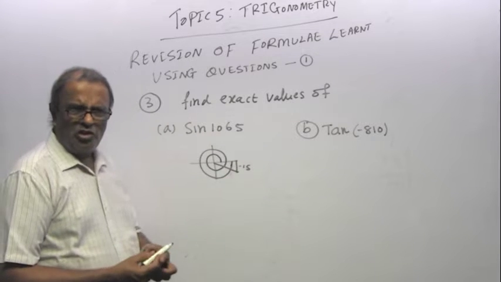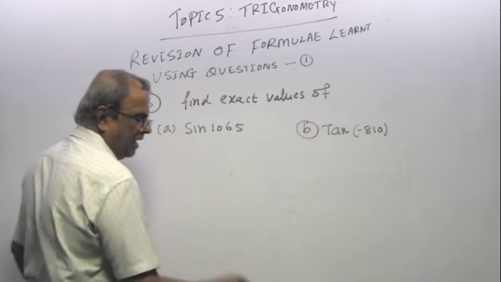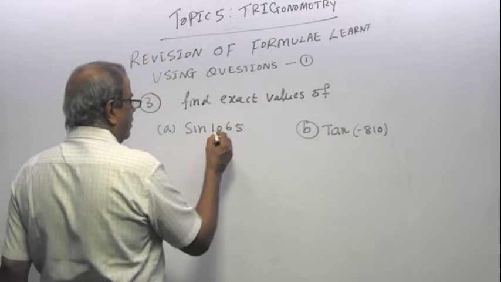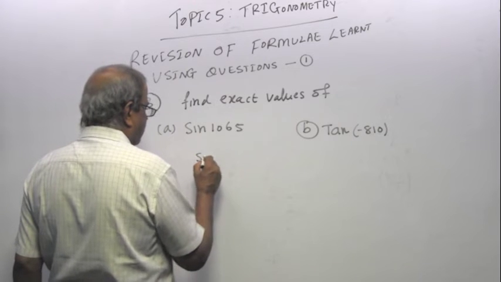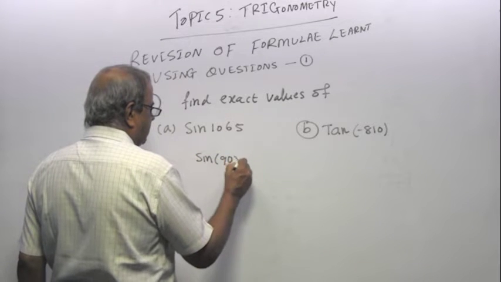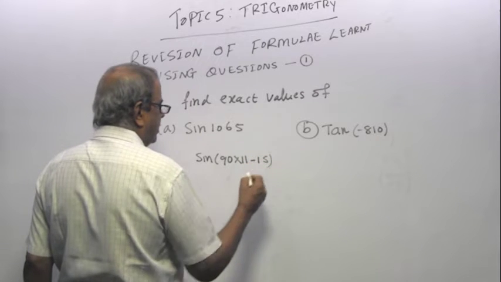But who's going to draw all these diagrams? No, don't worry. Remember, I taught you divide by 90. So 90 times 12 is 1080. So it is sine of 90 times 11 minus 15.